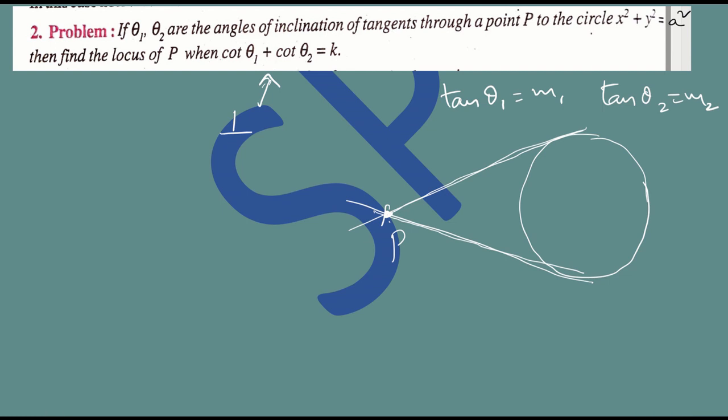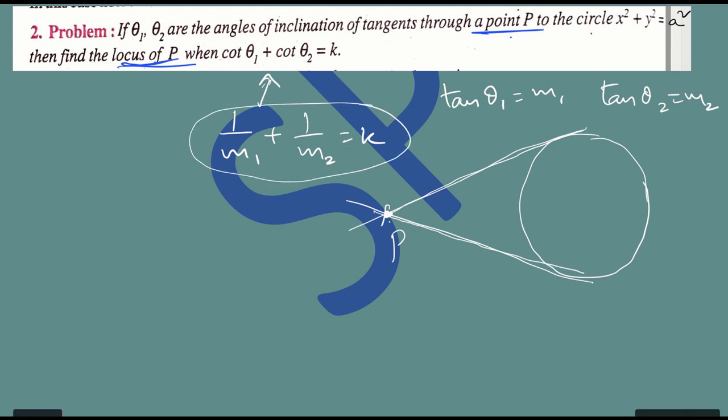So you can see that cot theta 1 means 1 by tan theta 1 plus 1 by tan theta 2 is equal to k. So observe that in this problem you have to find the locus of P. What is P? It is the point of intersection of tangents. Under what condition you have to find? When he has given a condition in terms of the slopes.